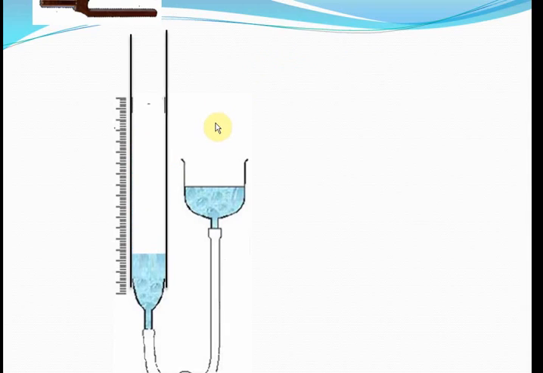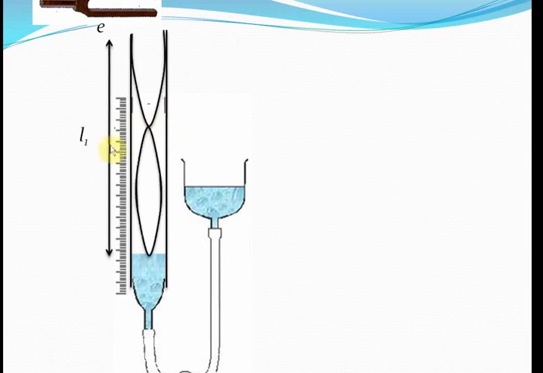Finally, we keep decreasing the level until another pop is heard. When will another pop sound be heard? Of course, when another possible frequency in this closed organ pipe will be generated. As you can see, this is the next possible waveform that will lead to resonance with the tuning fork. Therefore, a pop sound is heard when this waveform is created.